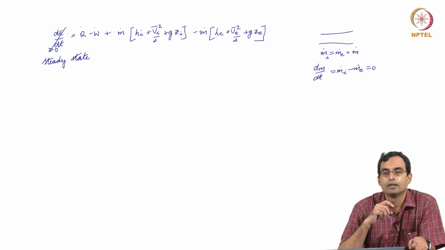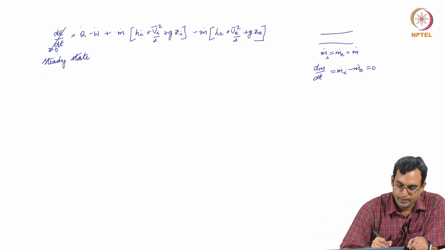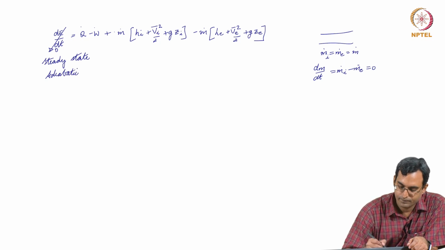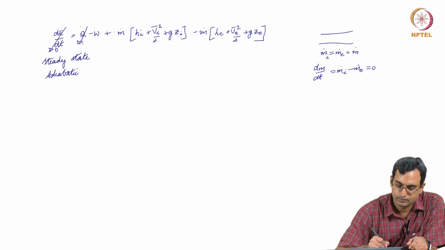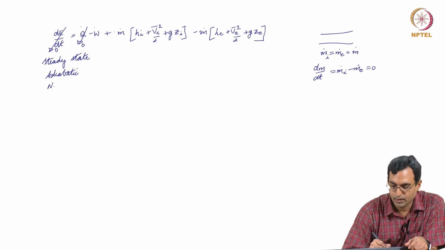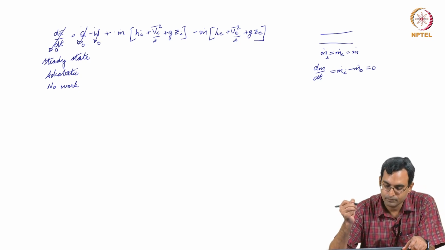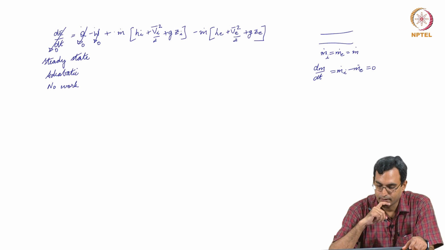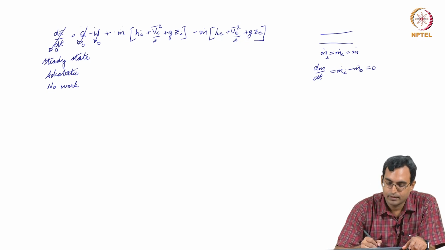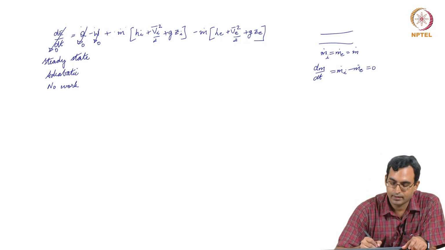This is 0. If I assume adiabatic, then this is 0. If I assume no work done, then this is 0. So, I made these assumptions already. This m dot I can take to the other side.